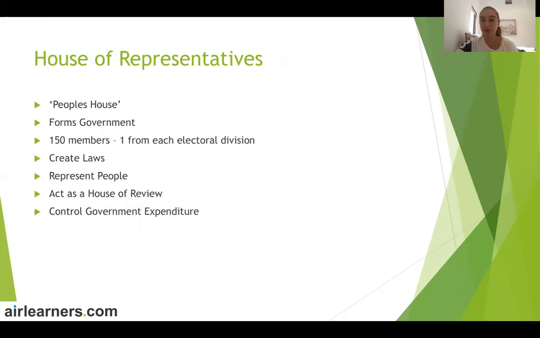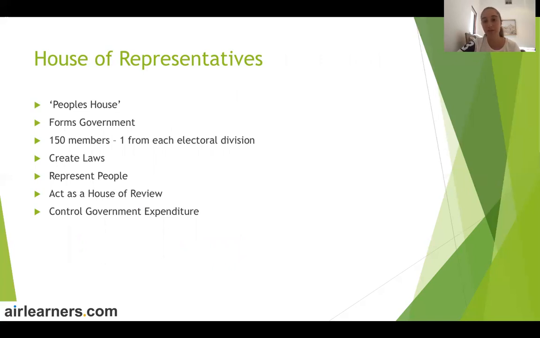So to start off with, we're going to go through the House of Reps, which is the lower house of the Commonwealth Parliament. The House of Reps is commonly known as the People's House because people elect a representative who sits in Parliament to represent their electorate. As we can see, there are 150 members in the House of Reps, and each comes from the 150 electorates in Australia.